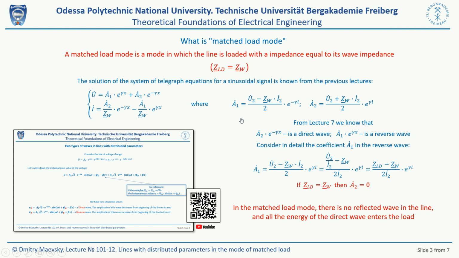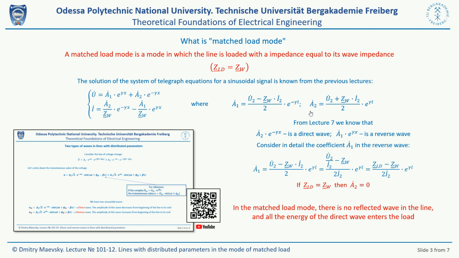If we know the voltage and current at the end of the line, U2 and I2, the integration constants can be determined using the following formulas. This formula describes constant A1 and this for constant A2.